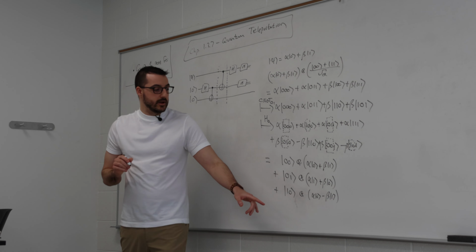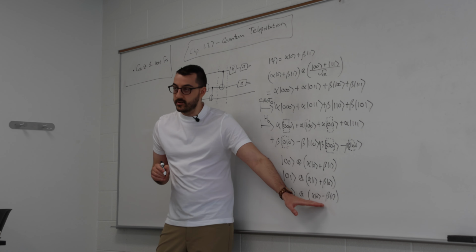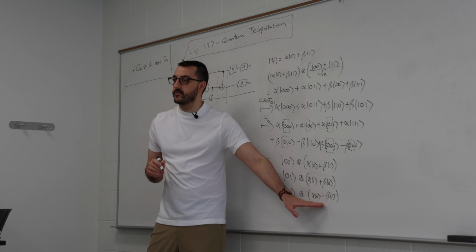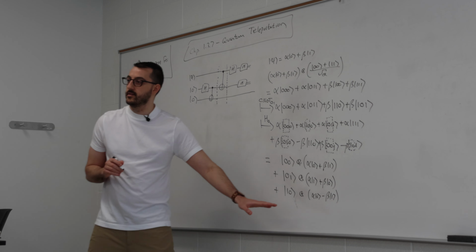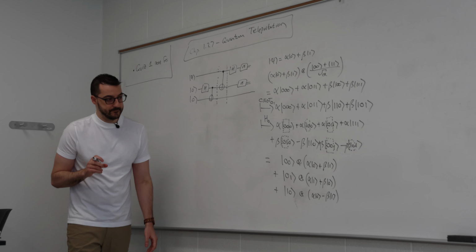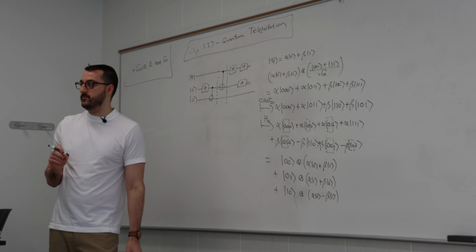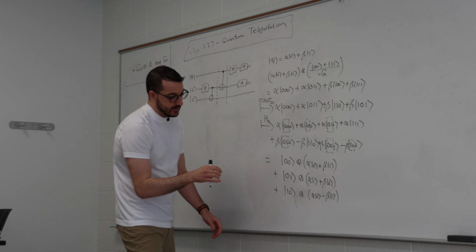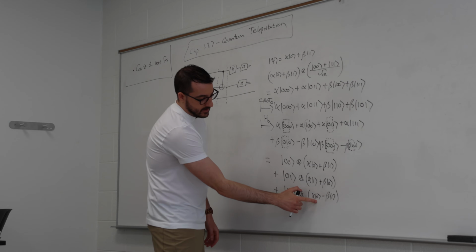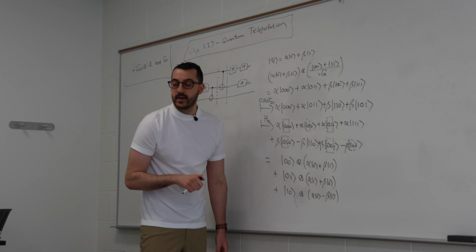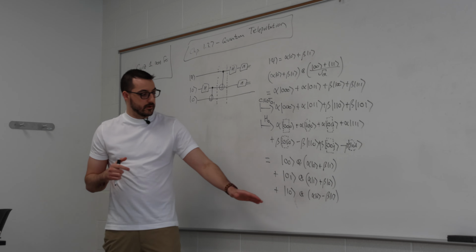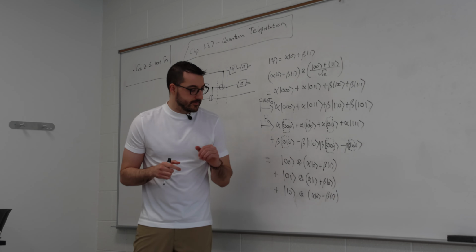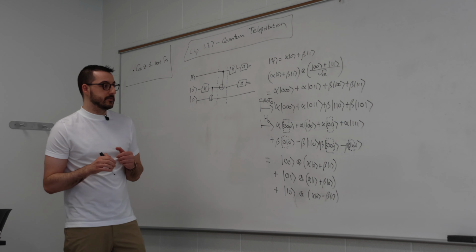Who could tell me what single qubit operation Bob could do in this case to recover the initial state that we started with? Pauli Z, excellent. So Z does nothing to 0, and then it changes the sign of ket 1. So we'll go from the minus beta 1 to the plus beta 1. That will give us the initial state that we started with.